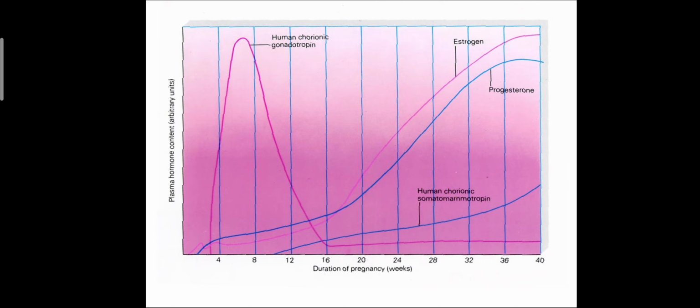This is the graph showing the duration of pregnancy and secretion of HCG. You can see in the early weeks of pregnancy the human chorionic gonadotropin level is increased, and after that it becomes a plateau.